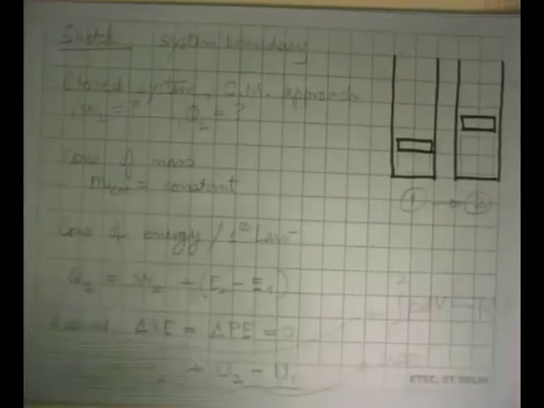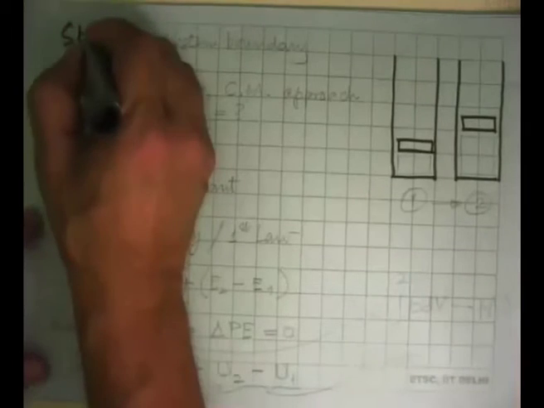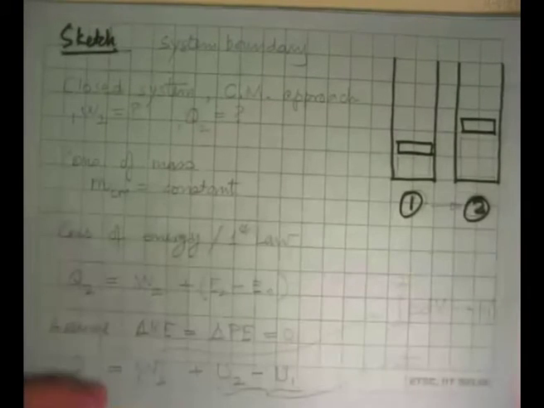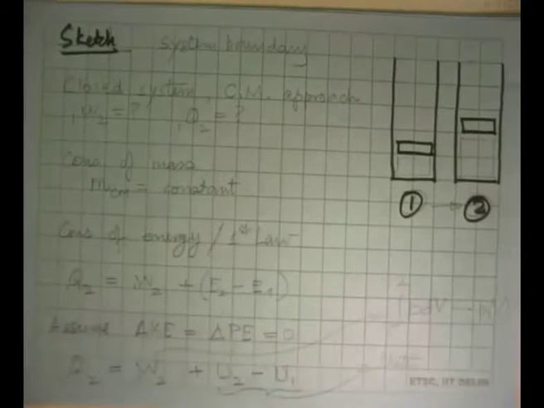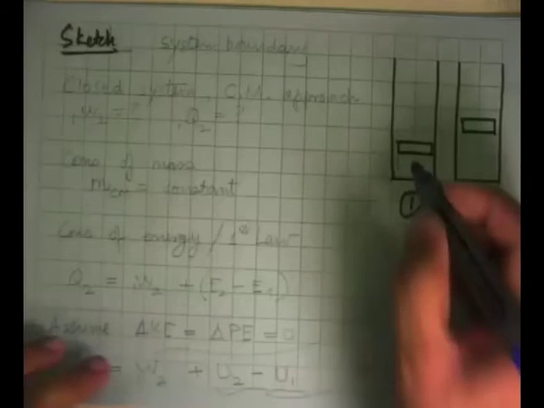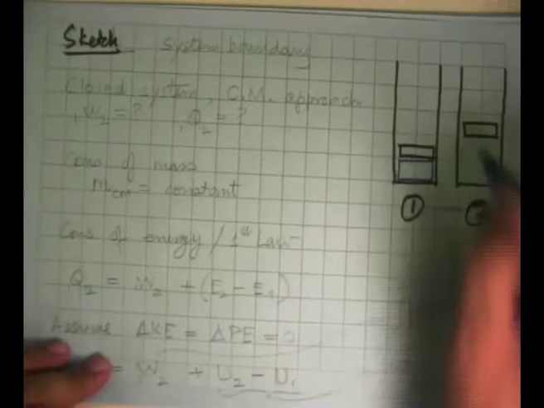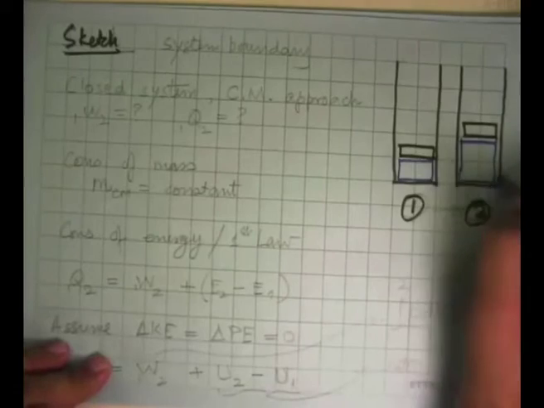The process of solving problems should begin always by making a sketch and defining the system boundary. So that's the sketch in state 1. This is the sketch in state 2. And where is the system boundary in this? We say that the system boundary here is this one, and in state 2 the system boundary became like that.